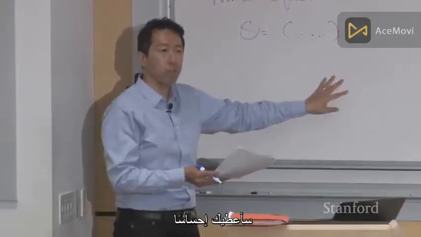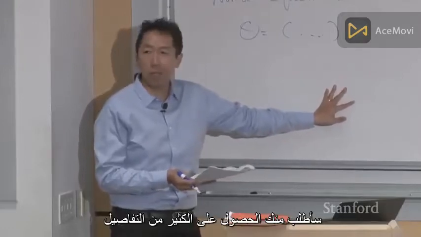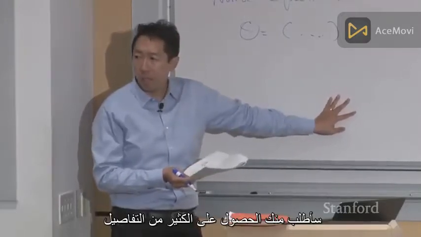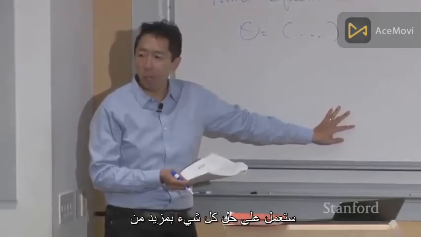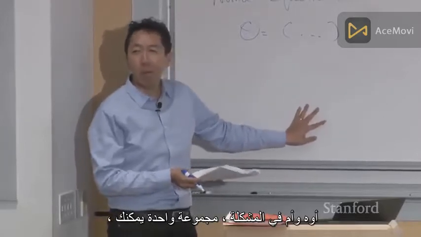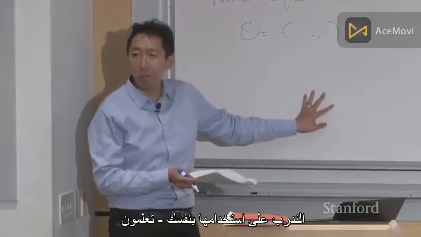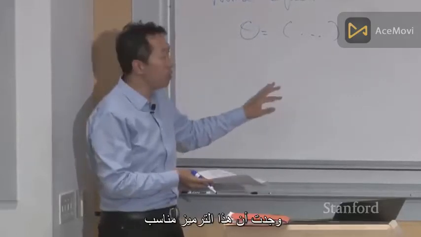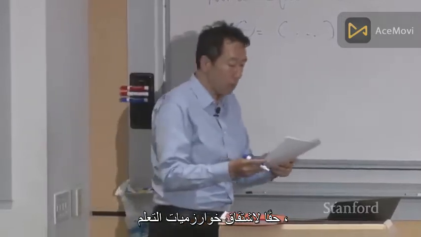I want to give you a sense of the flavor of what it looks like, and then I'll ask you to get a lot of details yourself in the lecture notes, where I work out everything in more detail than I want to do algebra in class. And in problem set 1, you get to practice using this yourself to derive some additional things. I've found this notation really convenient for deriving learning algorithms.